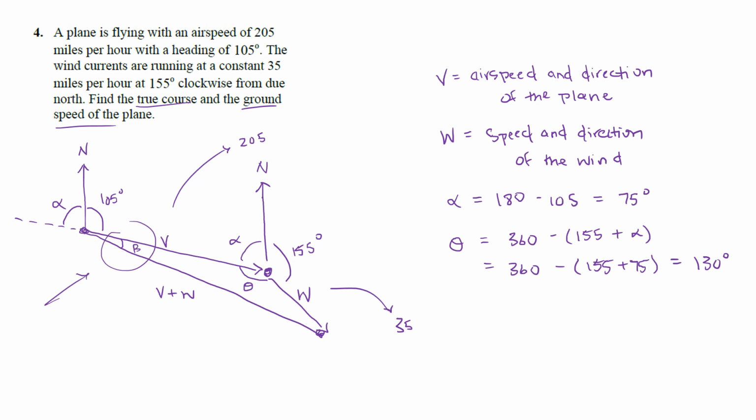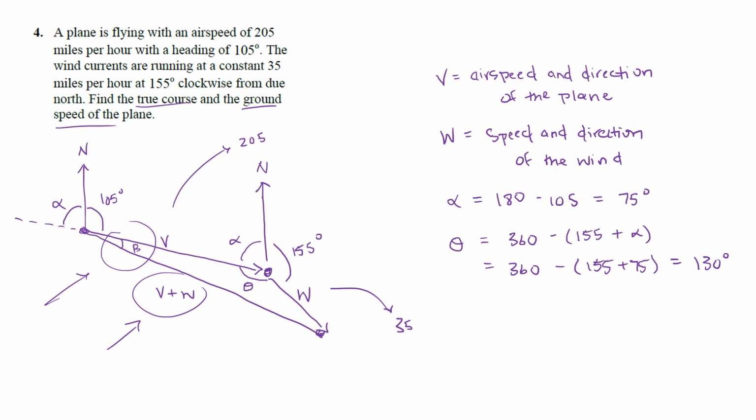Now we need to find the ground speed, and that is going to be given to us by v plus w, or the speed of the plane with respect to the ground, because the speed of the plane is affected by the wind current. Okay, so we need to find angle beta, and we need to find the length v plus w.